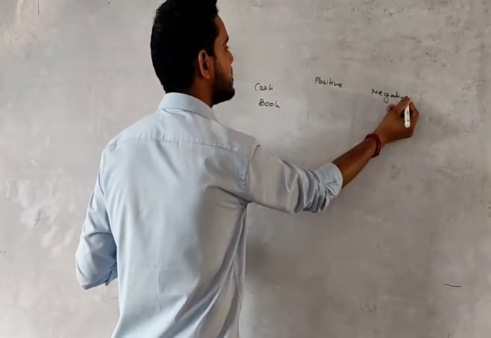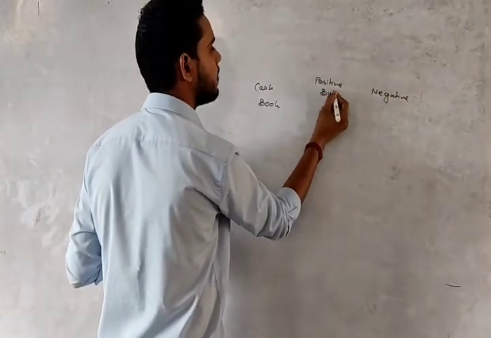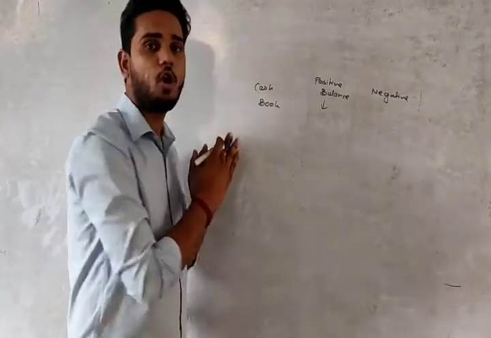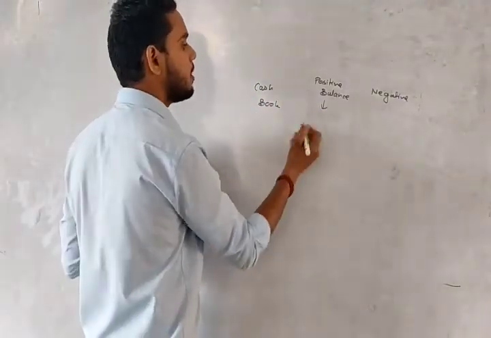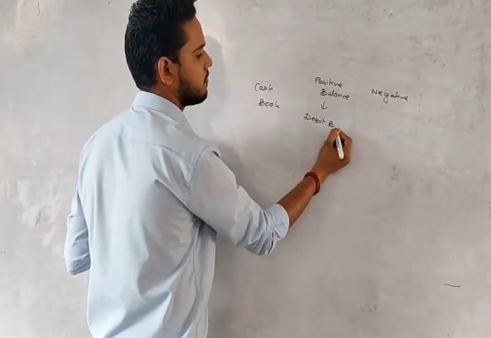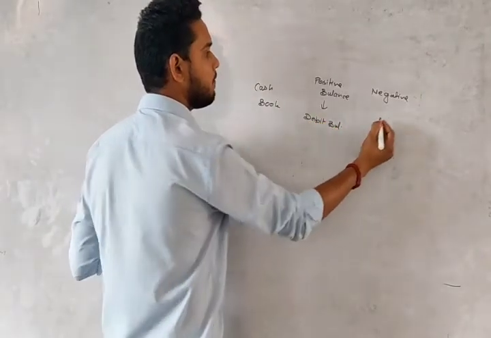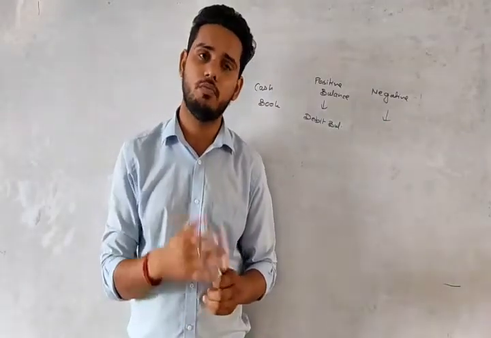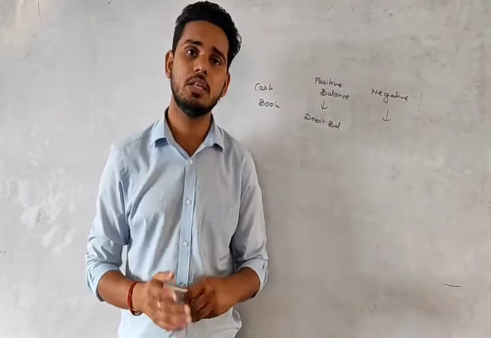When we have a positive balance in our bank account, that positive balance, if we are recording it in the cash book, is known as a debit balance.